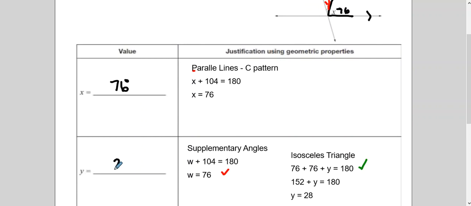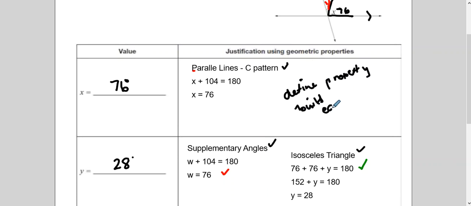So that's how I got that information. But it's all based on the property. Define the property and make an equation. That's the goal.